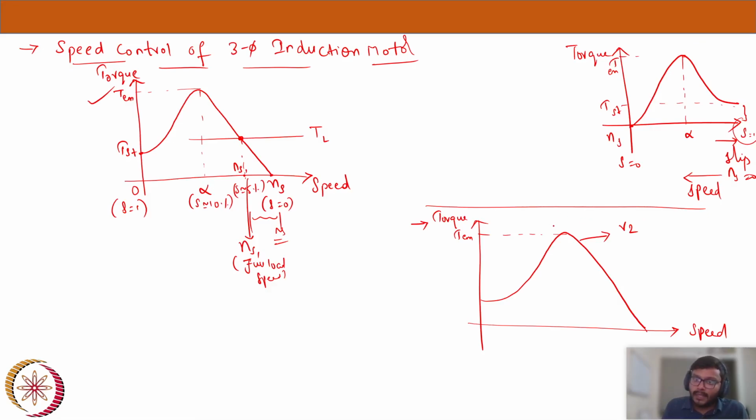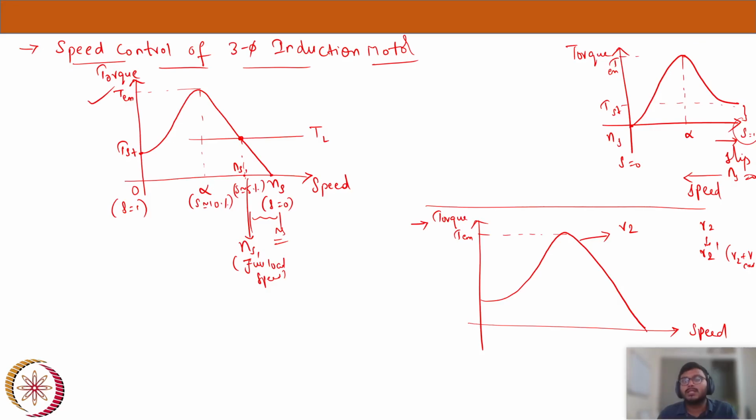Now, I am increasing the R2. R2 is now R2 dash, which is R2 plus some R external. At this condition, how will my torque speed characteristics look? We have seen that our maximum torque won't change, because in the maximum torque formula R2 is independent.